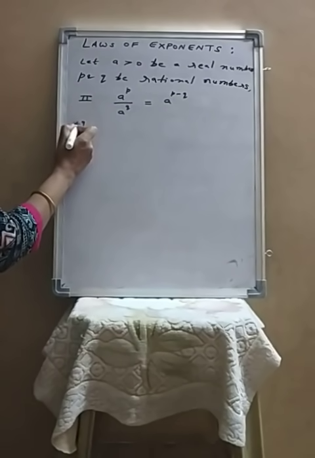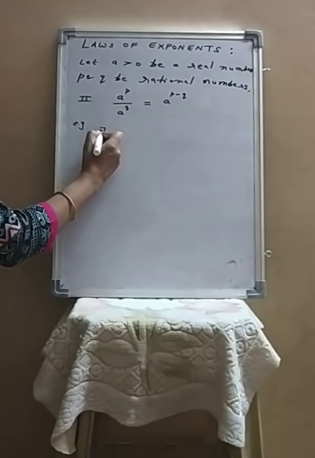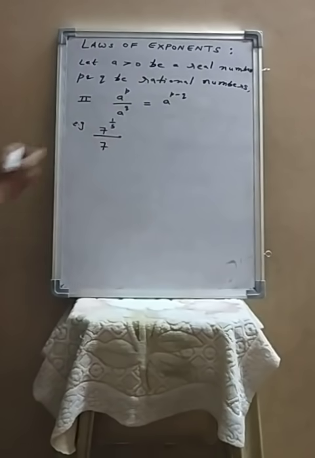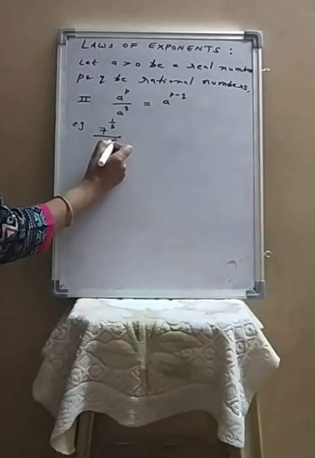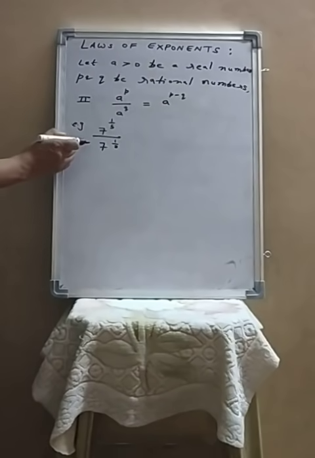Let us apply this law to an example, that is 7 raised to the power 1 by 5 divided by 7 raised to the power 1 by 3. Now you can see that the two numbers are in division and base is same for both of them.